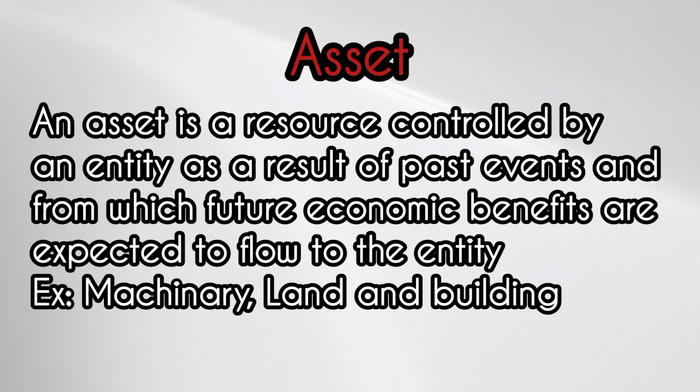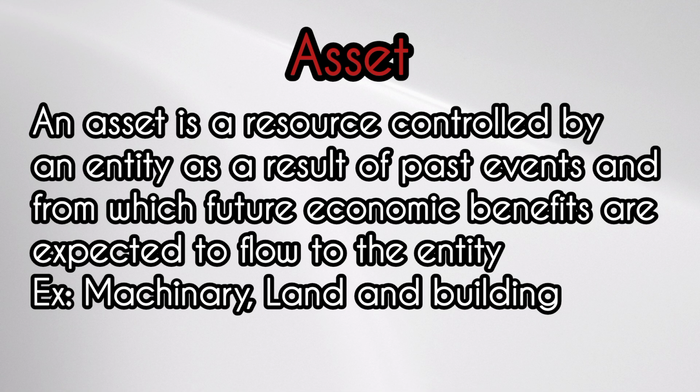An asset is a resource controlled by an entity as a result of past events and from which future economic benefits are expected to flow to the entity. When we say an asset, we always think of something we hold or something we have, something we purchased, and all, right?